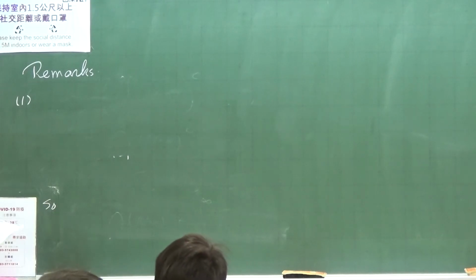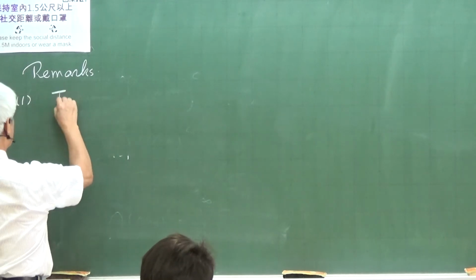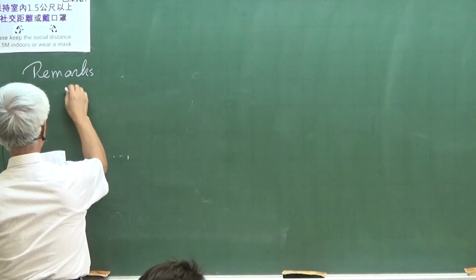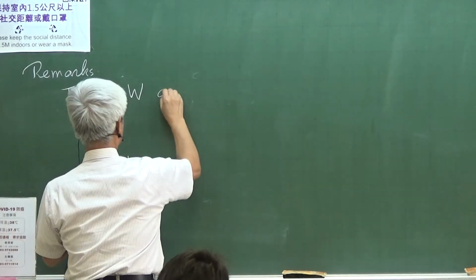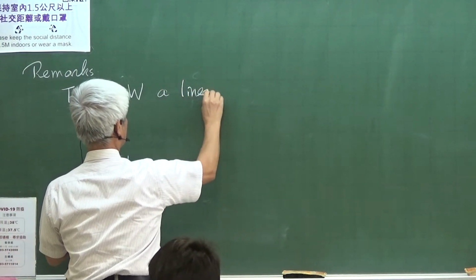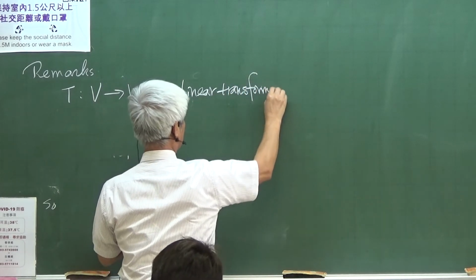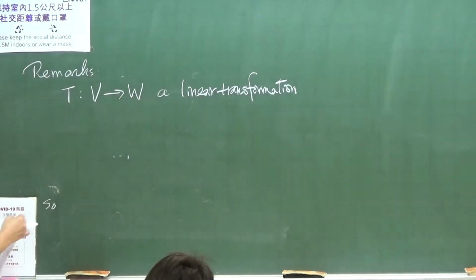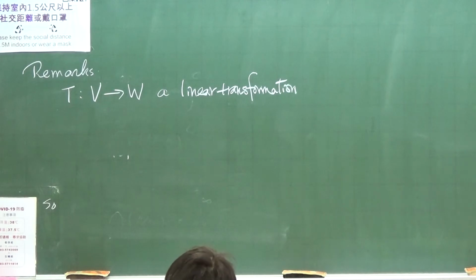Okay. And further, I would like to make a couple of remarks. So the first one is, we let T from V to W be linear, and V and W are vector spaces.